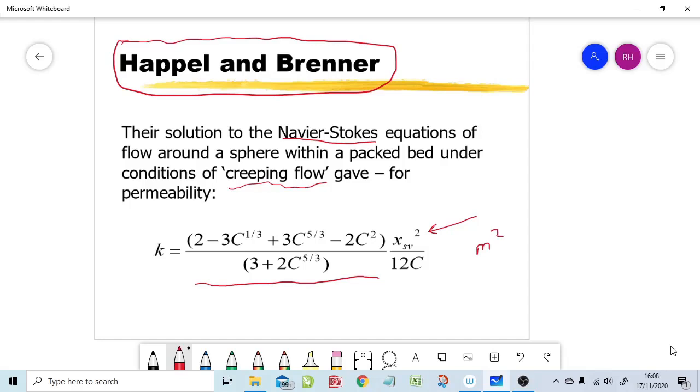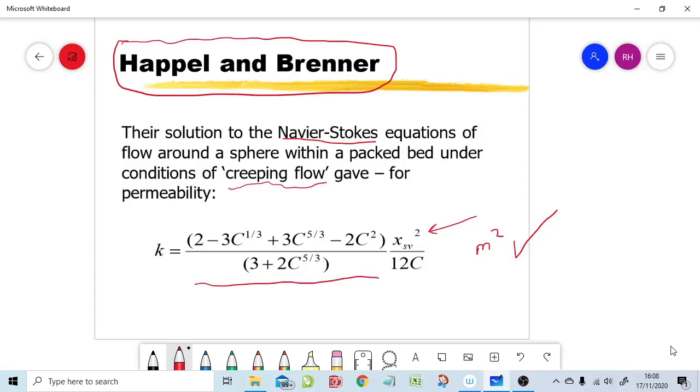So this is an entirely theoretical equation for permeability, unlike the Kozeny equation, which is really one that has a Kozeny constant, which we're not sure is 5 or not, whereas this is entirely a theoretical equation.